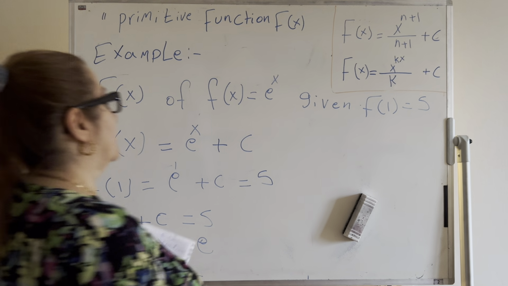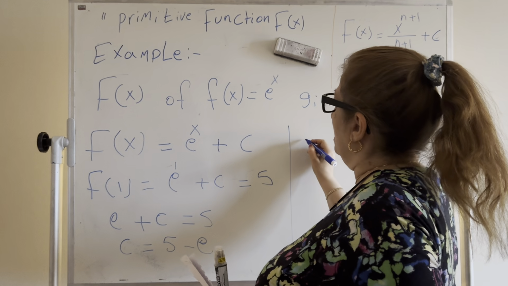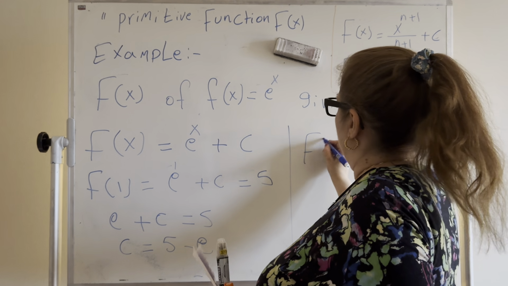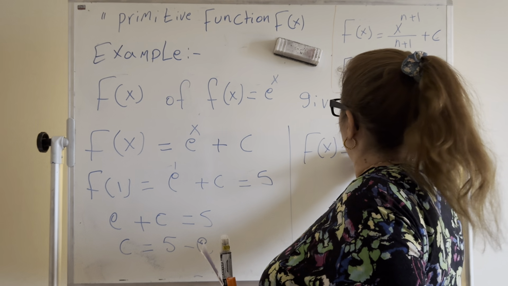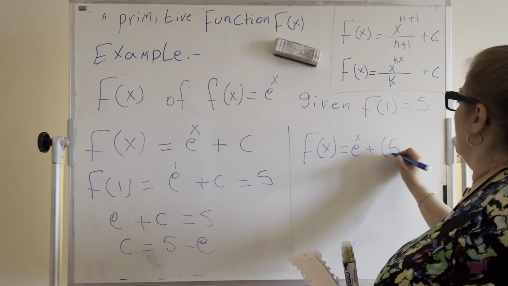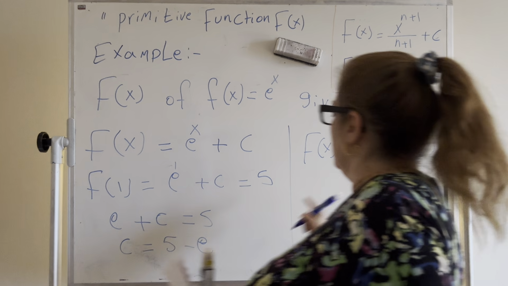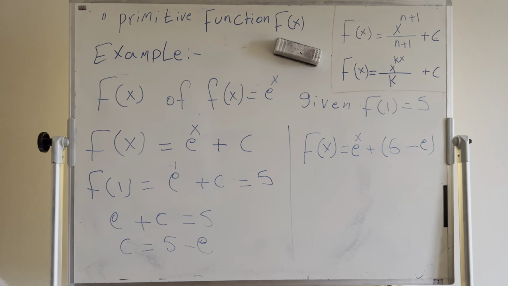Now I can write the primitive function, and it will be e power x plus 5 minus e. Instead of c, I will write 5 minus e.